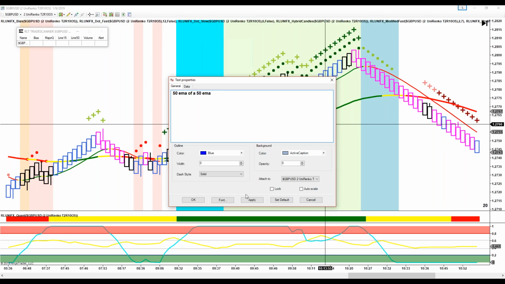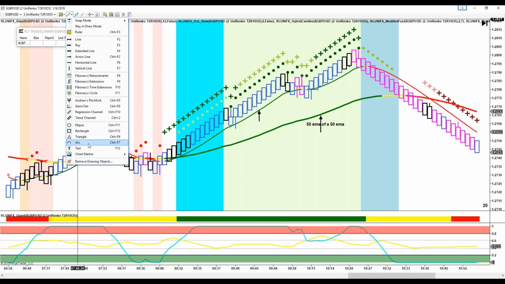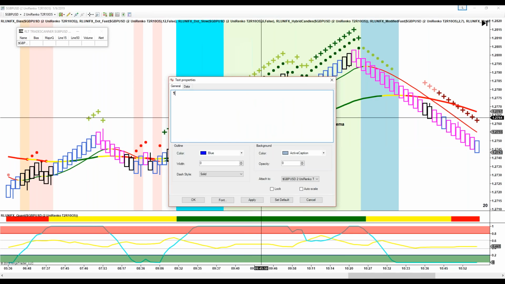So what we did was we took the equation and we duplicated it so that it moves quickly. But if you overlay this with a simple 50 EMA, you'll see that the 50 EMA is very choppy, whereas our 50 EMA is very smooth. Now, this is a 15 EMA of a 15 EMA.